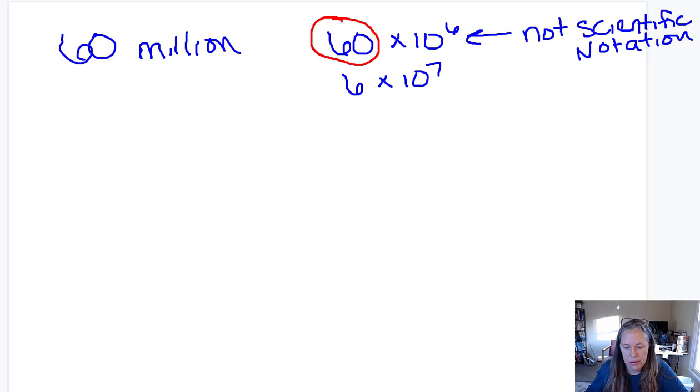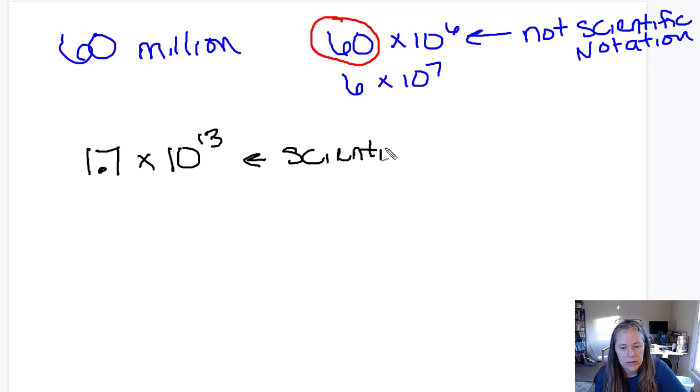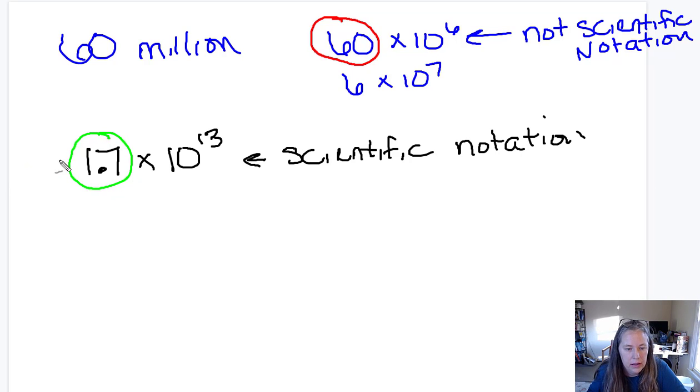Okay, so another example, we had the 17 trillion, or maybe it was million, I forget. 1.7 times 10 to the 13 is scientific notation because this number, 1.7, is between 1 and 10. Okay, so 17 times 10 to the 12, not scientific notation.